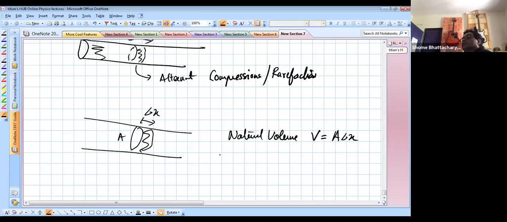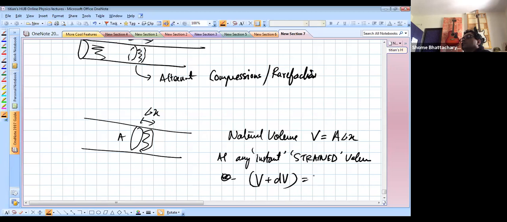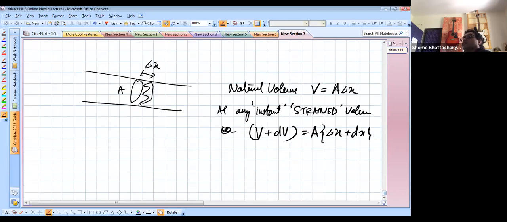So at any instant, it has a strained volume. It's undergoing volume strain, V plus dV, which you can say becomes E into delta x plus dx, because the length alternately expands and contracts because of the compression and rarefaction which is happening over here.